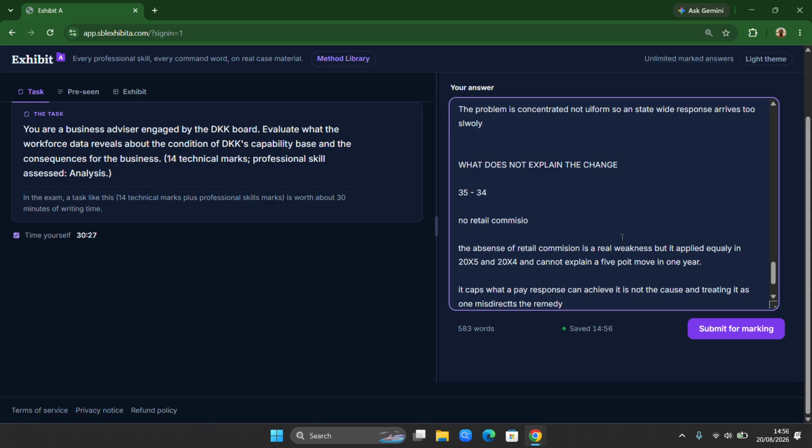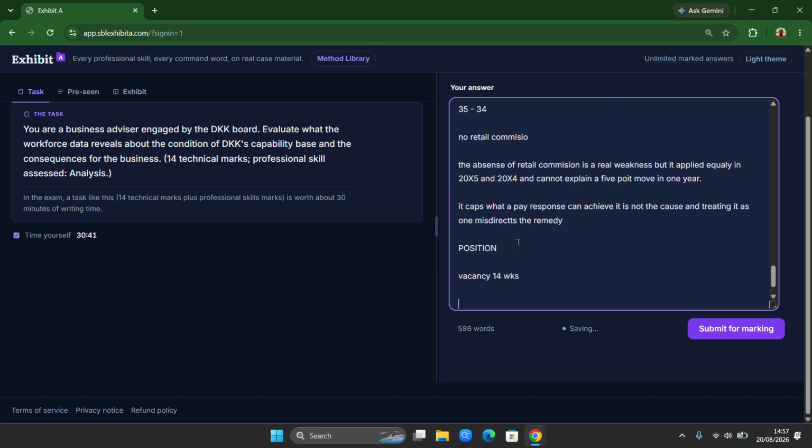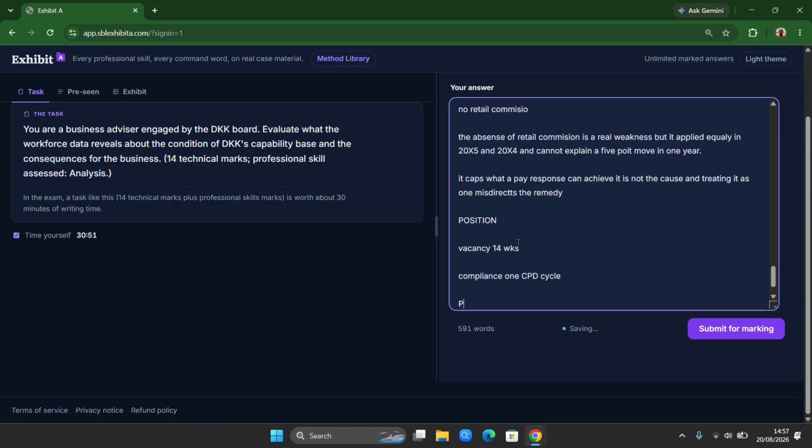So then what we have is a position. What we had in terms of the vacancy was 14 weeks. The compliance was one CPD cycle, and the position from the client is possibly never.